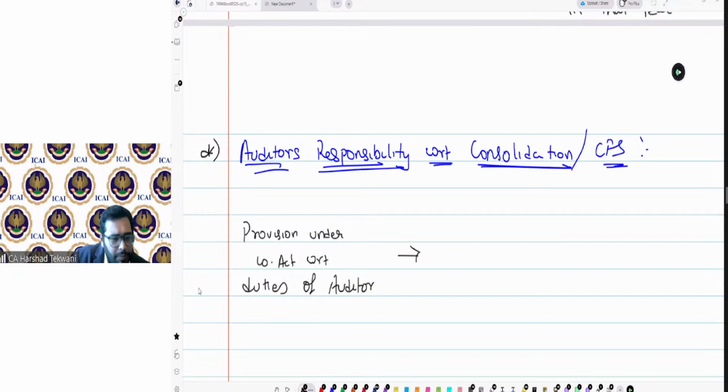Which is that provision? Provision under Companies Act with respect to duties of auditor. So, normal duties of auditor, nothing with respect to consolidation. I'm saying normal audit. What is that provision?